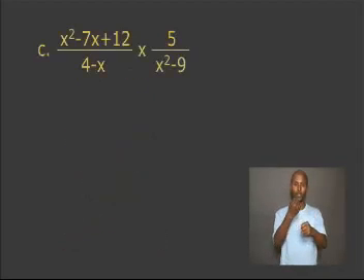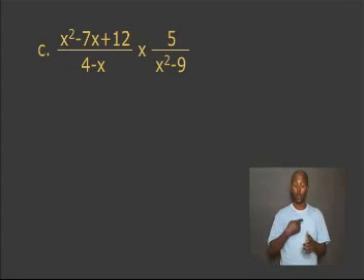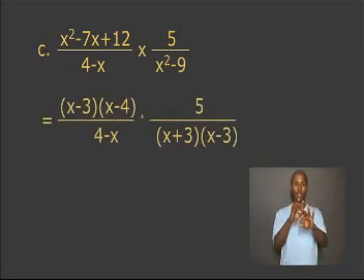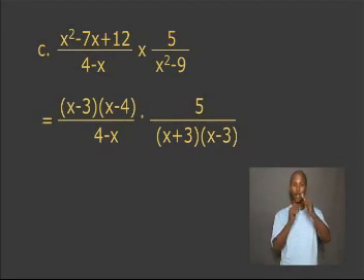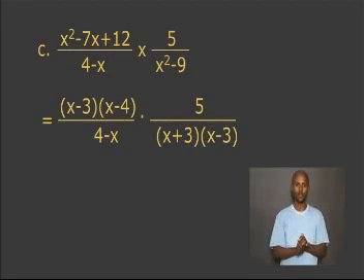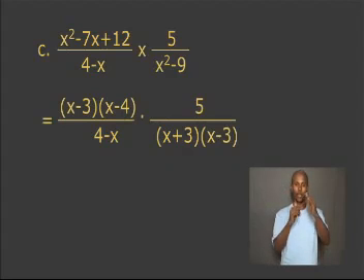The third operation is a little bit challenging. We must begin by factorizing both terms. So the expression becomes x minus 3 times x minus 4 over 4 minus x times 5 over x minus 3 times x plus 3.